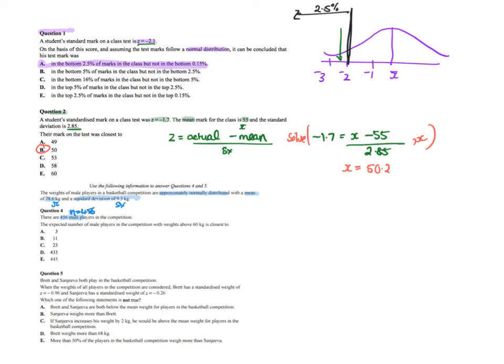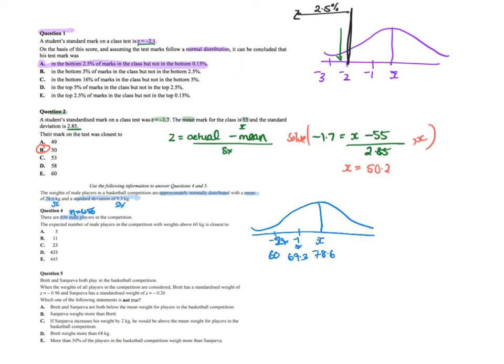And we want the expected number of players in the competition with weights above 60 kilos. So we've got to try and find where that is on our curve. We've got a mean of 78.6. If I go down 1 standard deviation, I would be at 69.3. If I went down 2 standard deviations, I would be at 60, so that's where we're looking at.